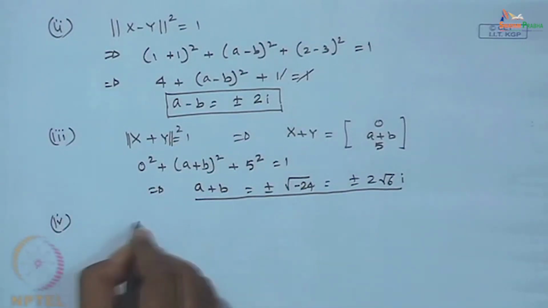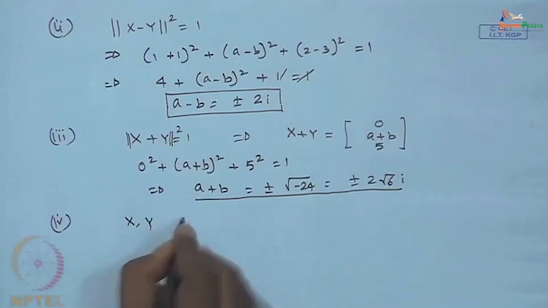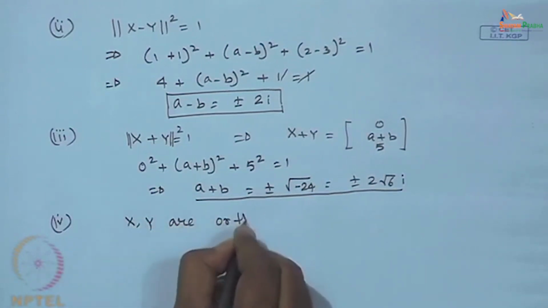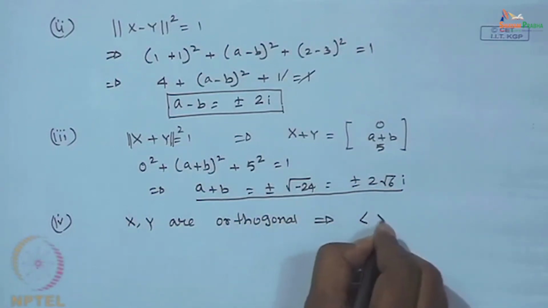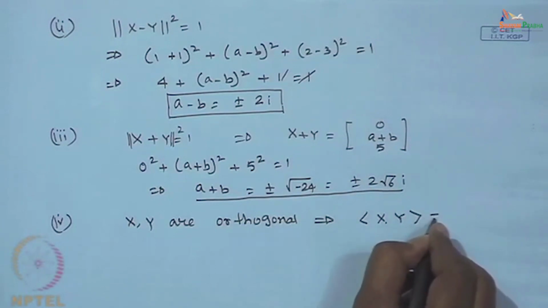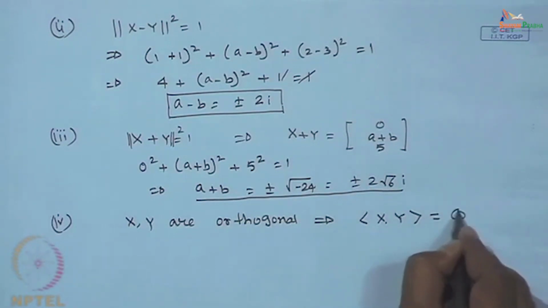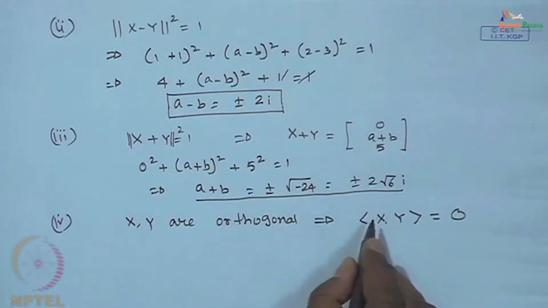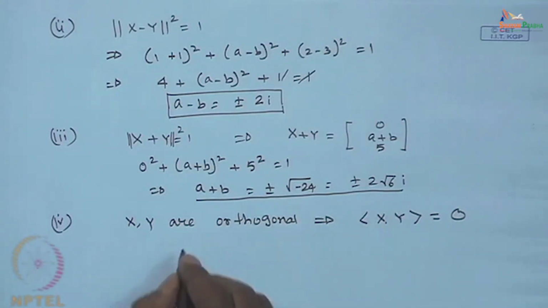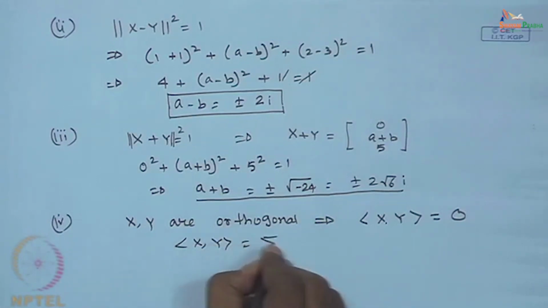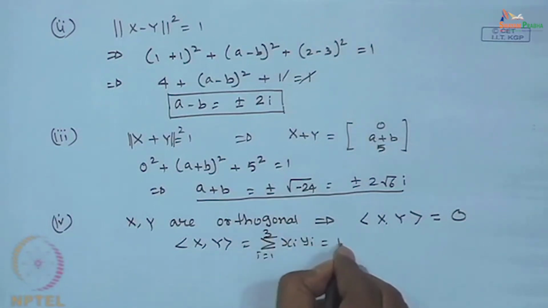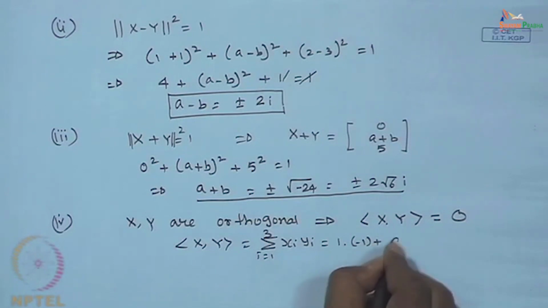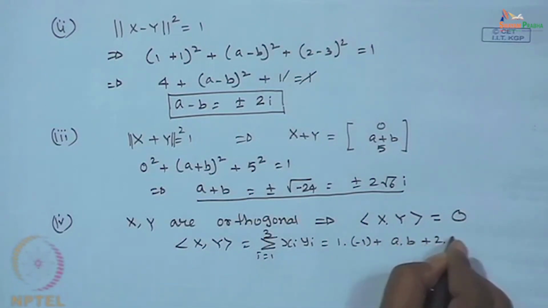y are orthogonal. So, x and y are orthogonal. This relationship is indicated by this mathematical expression: the inner product between x and y should be equal to 0. So, let us compute the inner product between x and y. It will be summation of x i y i, i is equal to 1 to 3. So, it will be 1 into minus 1 plus a into b plus 2 into 3.